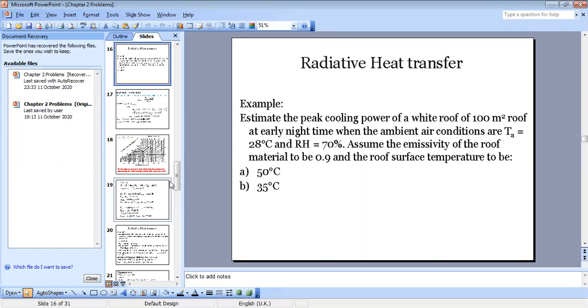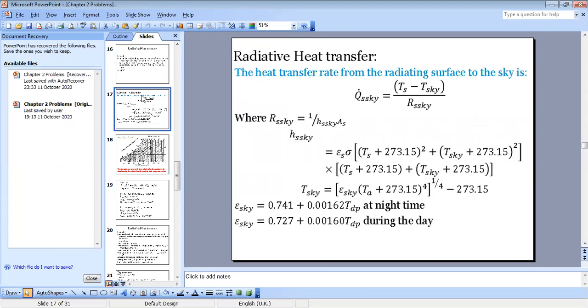This is a complex phenomenon. This is why, from experimental work, we come up with empirical relations for the radiation exchange between a surface and the sky environment. To find this exchange, they gave us empirical relations as a function of the surface temperature and the sky temperature.